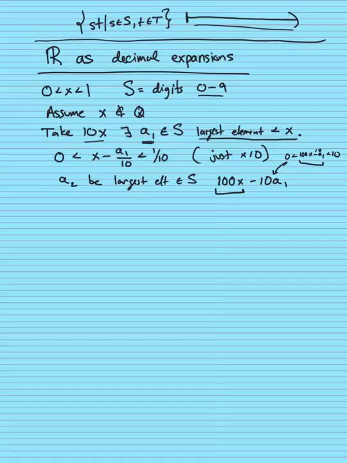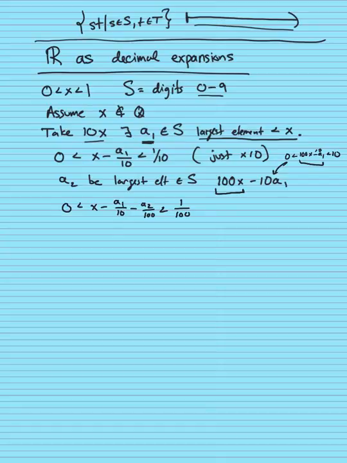Okay? You take the largest element, and then what we know is that 0 is less than X minus A1 over 10 minus A2 over 100, which is less than 1 over 100.